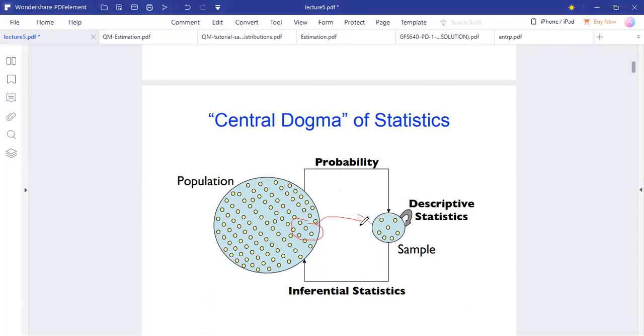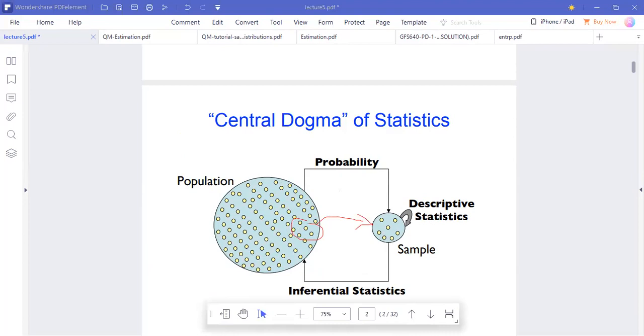This is what we call a sample. A sample by definition is simply a subset of an entire population. An entire population is simply called a census.